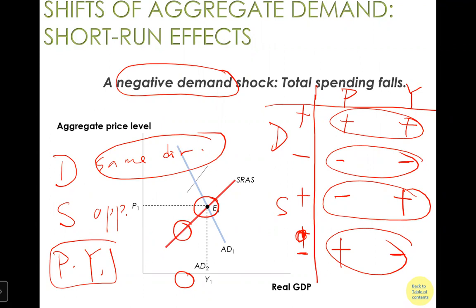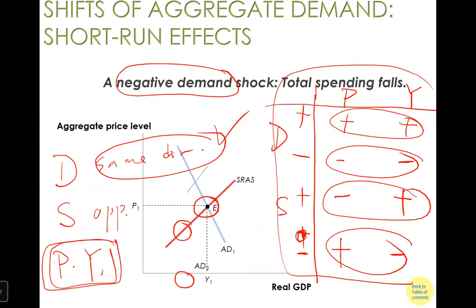Interestingly, looking at US data, we find that most of the time, whenever they fluctuate, they move in the same direction. And based on this table, it suggests that most of our economic fluctuation was caused by demand shocks.